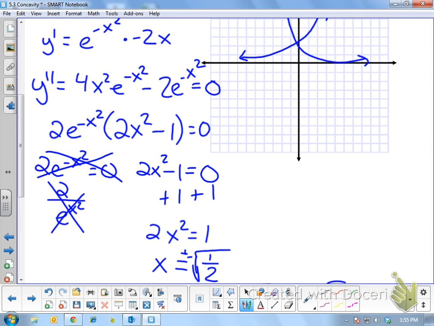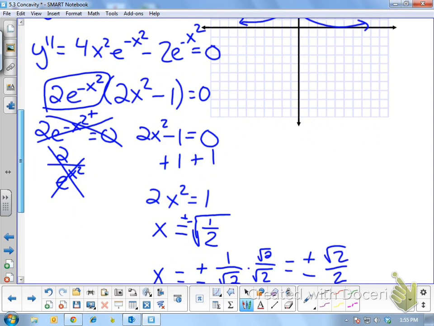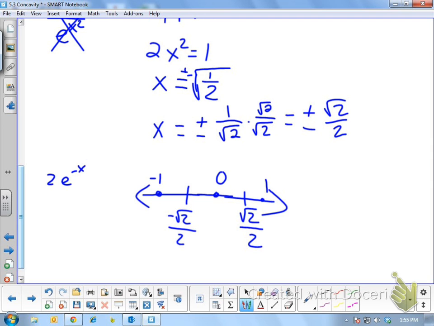So this piece here, 2e to the negative x squared, is always positive. So we just need to know about the other half, minus 2x squared minus 1. We don't have to plug these into e itself. We just need to know what happens if I plug in -1.